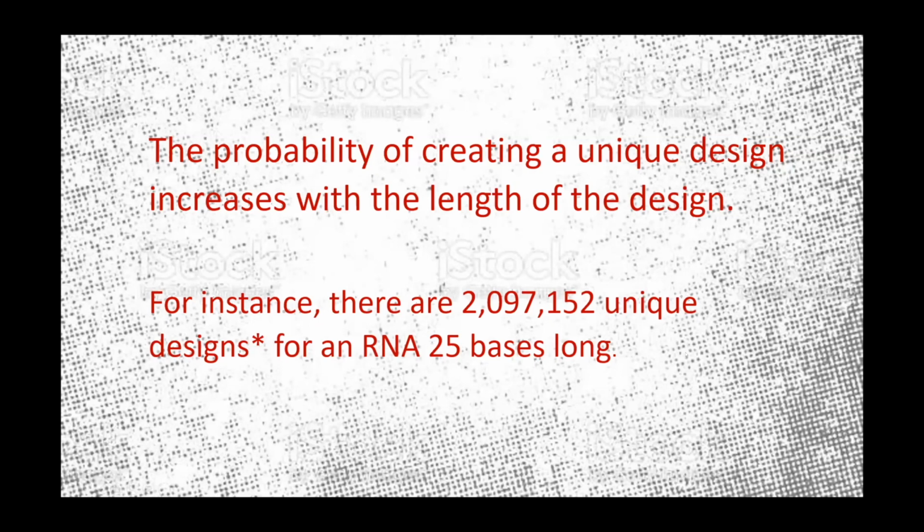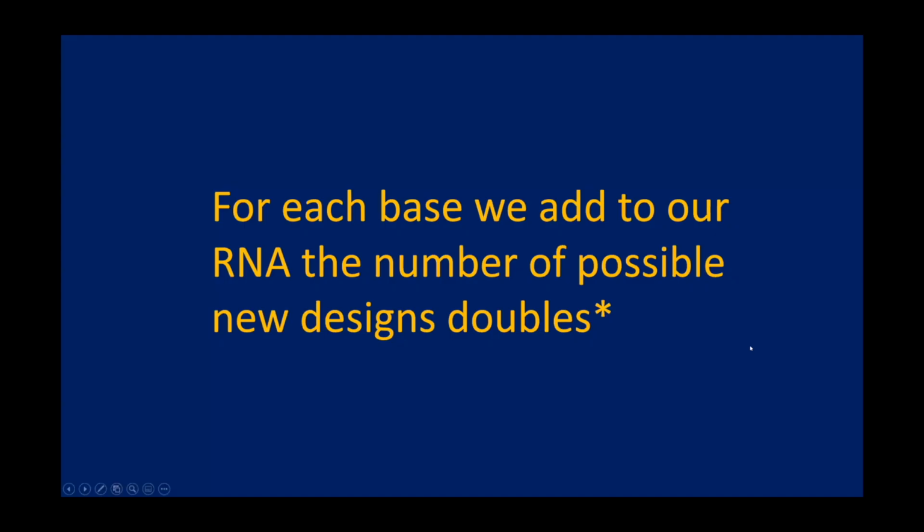Quite a large number. However, it turns out that this is an exponential problem. For each base that we add to our RNA, the number of possible new designs that we get afterward doubles from the previous number of designs we could have made.